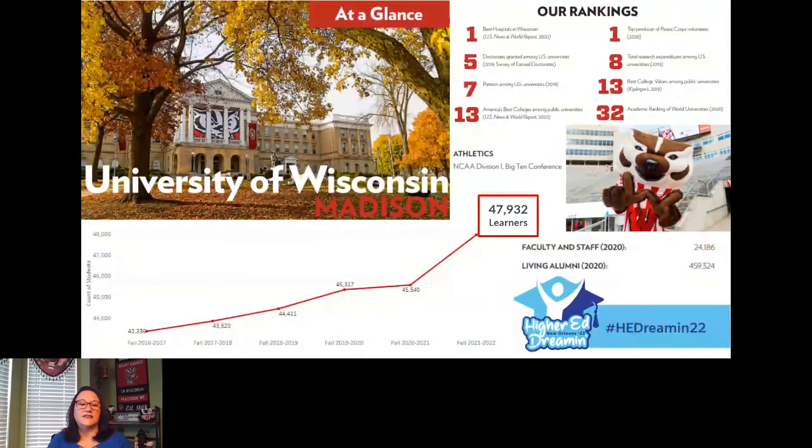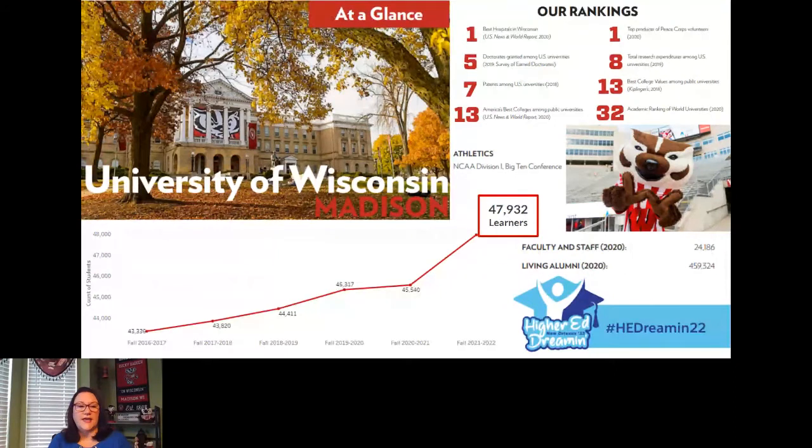And the first thing is, I'd like to just tell you a little bit about UW-Madison. We are a research institution and part of the Big Ten Conference. And as of this last fall, we had almost 48,000 learners. And I use that term learner because we're not talking about just our undergraduate and graduate students. We're also talking about our non-credit and professional degree and certificate students.